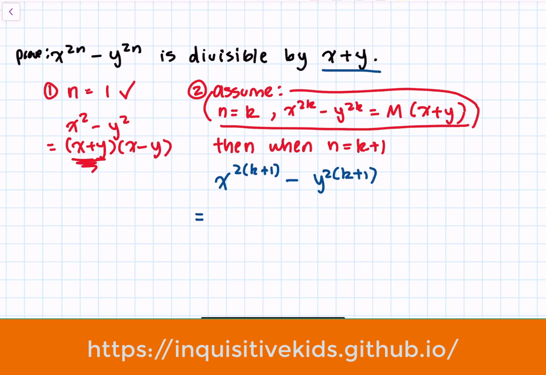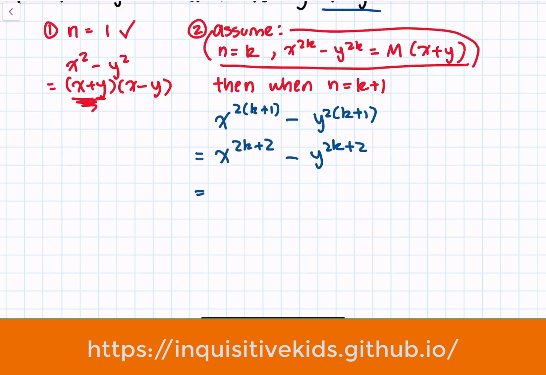So we can make it x to the 2k plus 2 power minus y to the 2k plus 2 power.